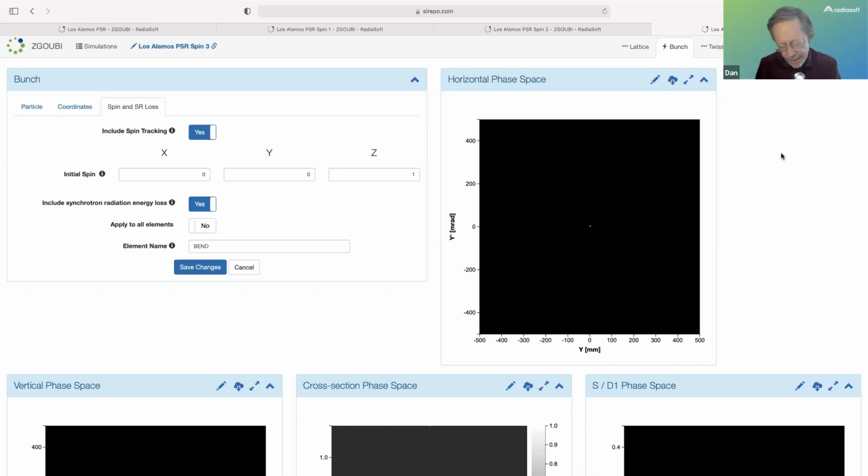So Zgoubi can certainly work with fully coupled lattices. You can insert misalignments. You can have the multipoles rotated. And so one could, the Froissart-Stora formula, I think, is derived free.